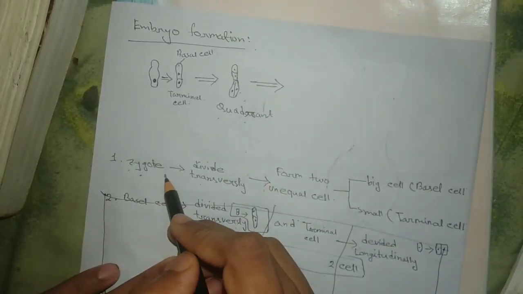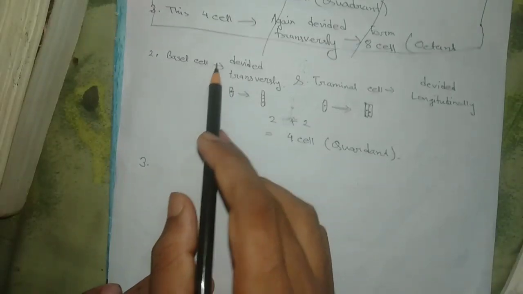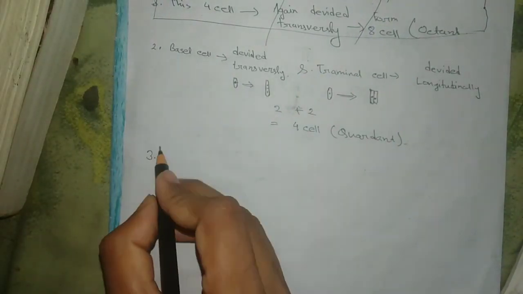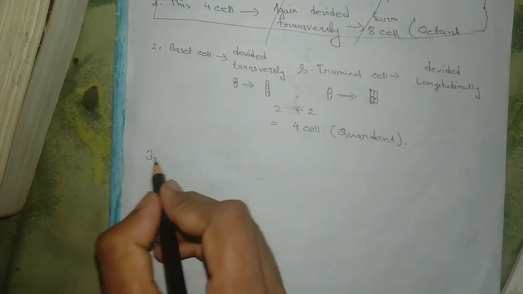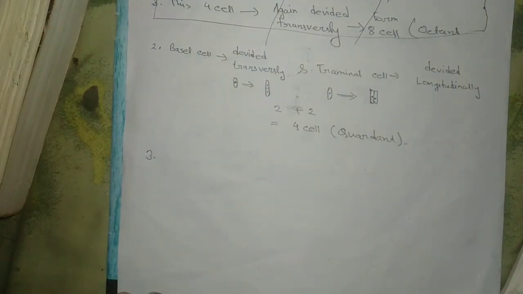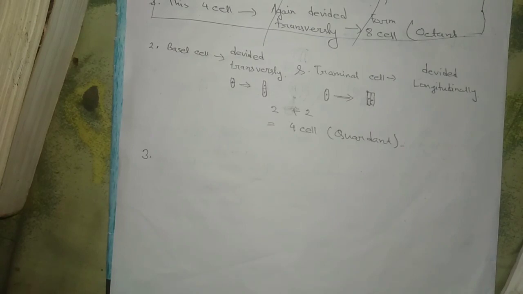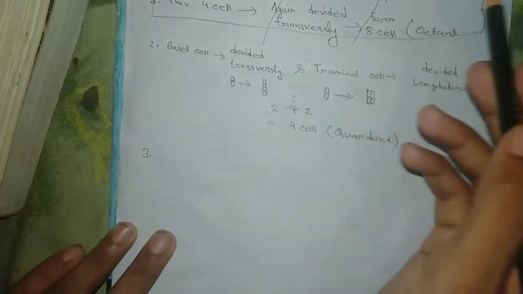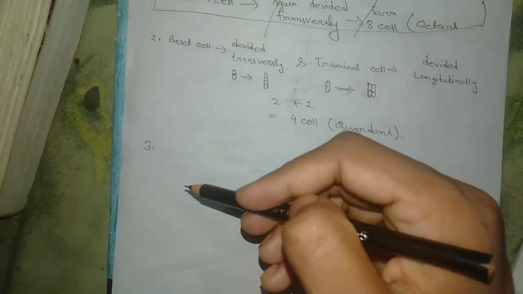Okay, stage number 1, stage number 2, and point number 3. Always remember, in the first and second points the transverse division occurs in both cases, and in point number 3 we will talk about only the terminal cell.